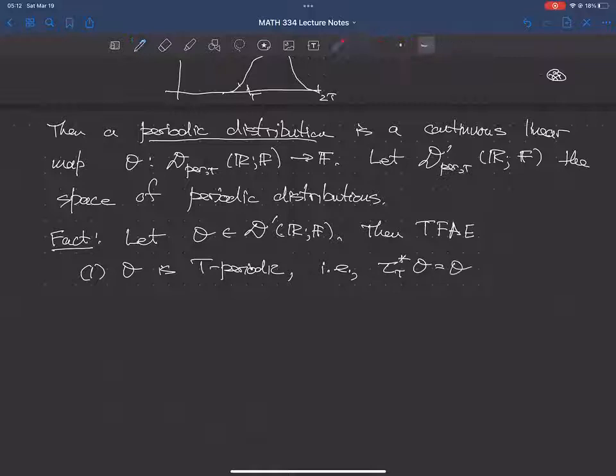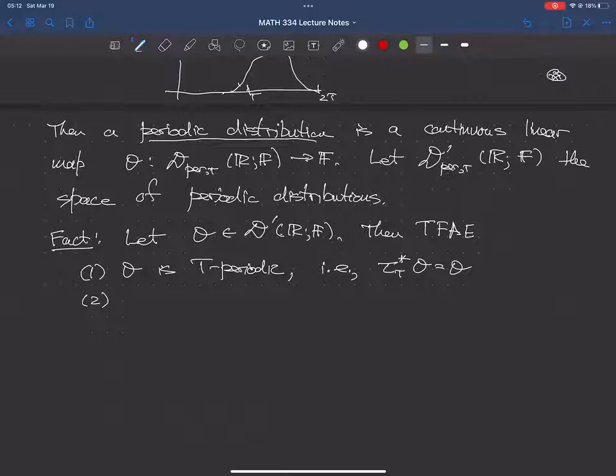So we defined this shift operation on distributions, okay? And this just says when you shift a distribution by the period T, you return back to itself. Right? So this is exactly analogous to periodic signals. If you shift it by the period, then you leave the thing alone. Okay, so that's the first statement.